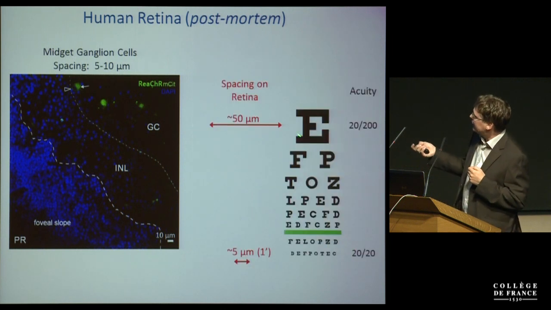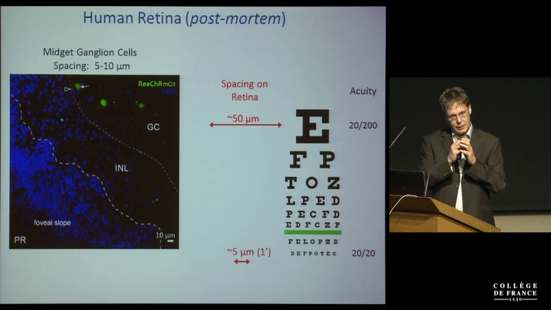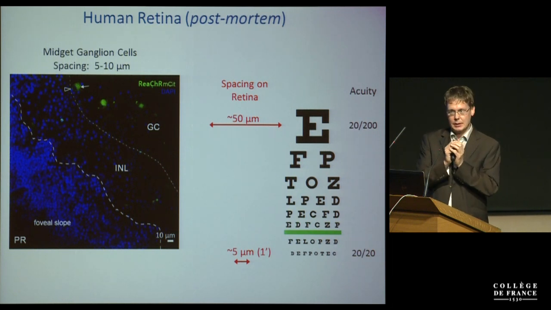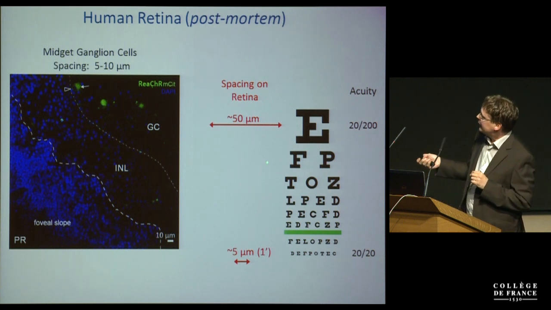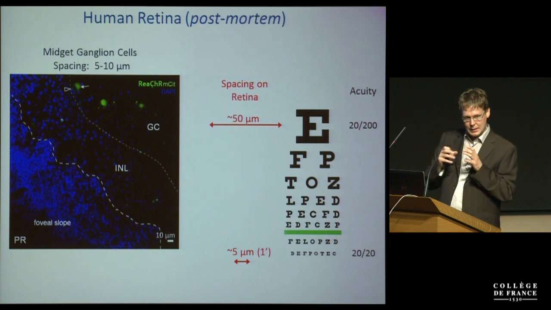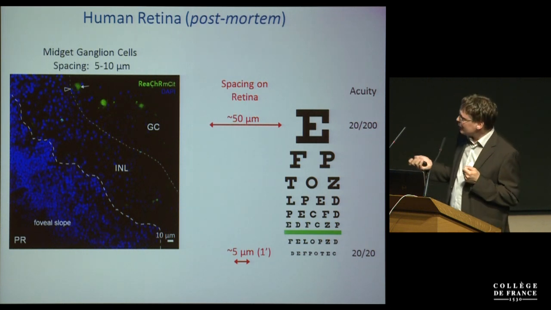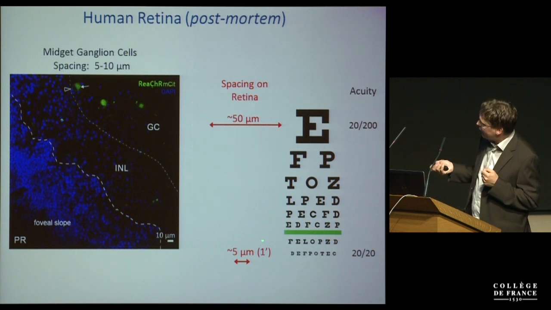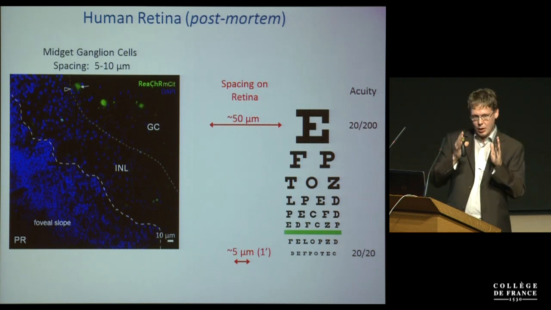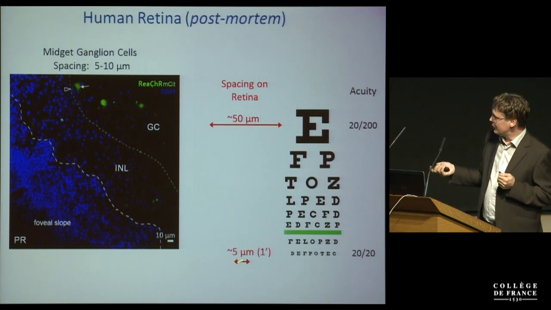And the spacing on the retina is also very important. The midget cells are packed very densely. They have a spacing of 5 to 10 micron, and also the receptive fields are very small. So imagine you are able to distinguish two objects that are separated by 5 micron, that corresponds to 1 arc minute.